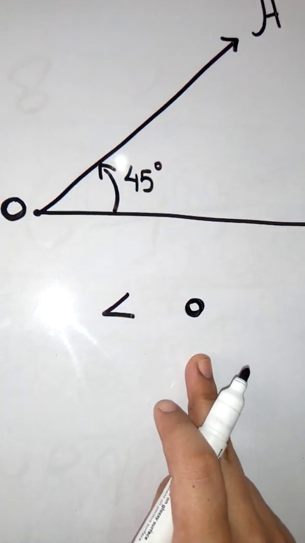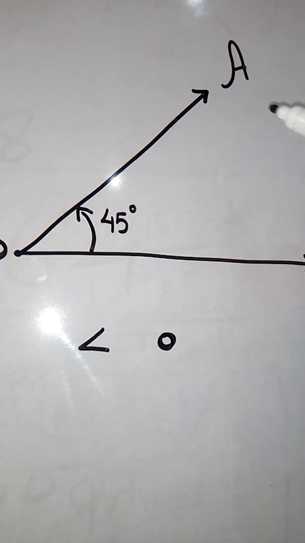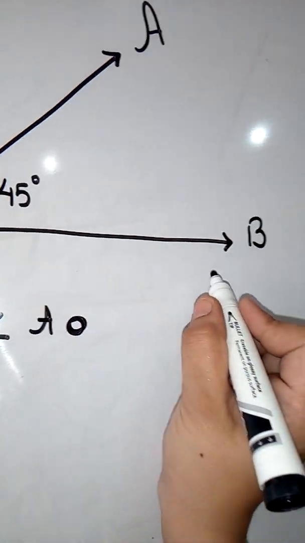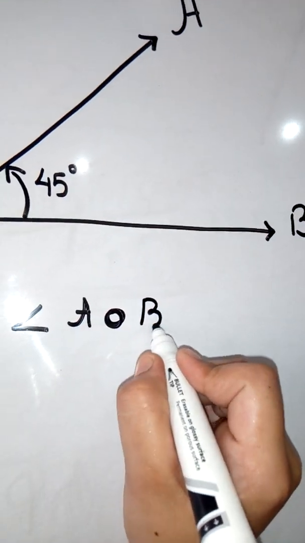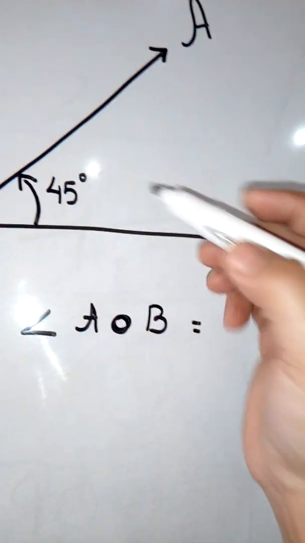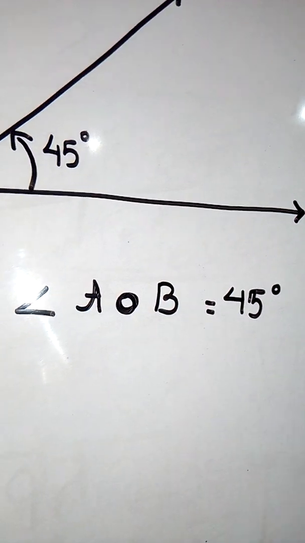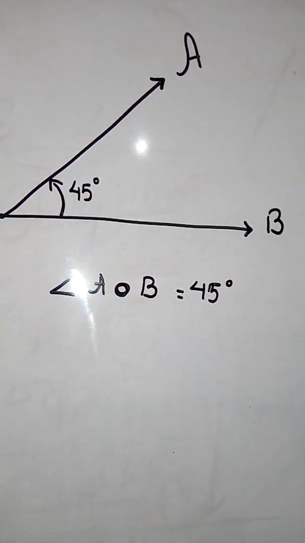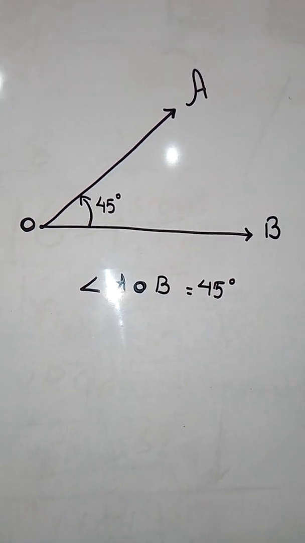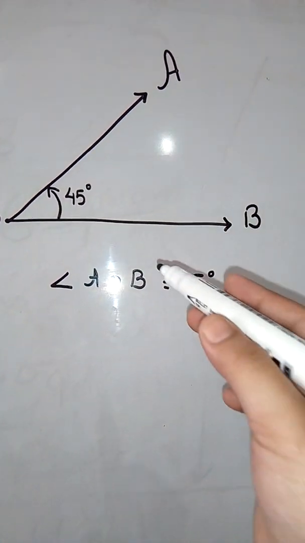I have written my vertex name in between, and then the first arm A is going to come, and then the name of the next ray is going to come, then an equals sign, and because angle AOB is of 45 degrees, I have written 45 degrees over here like this. This is the proper labeling of an angle. Capital alphabets, degree sign, how much degrees your angle is, the vertex name, and then this labeling.